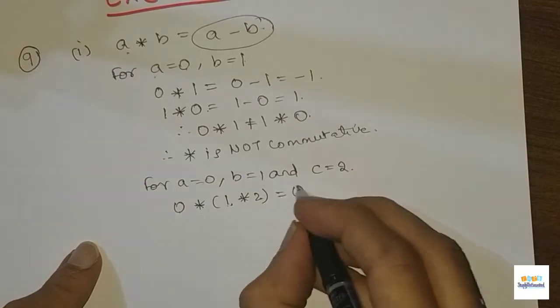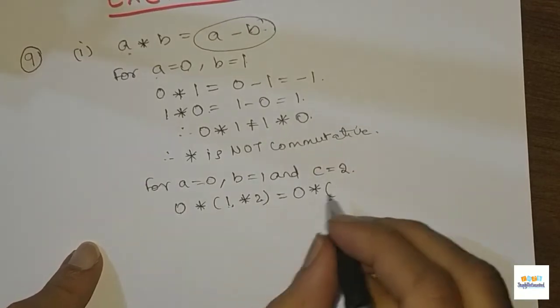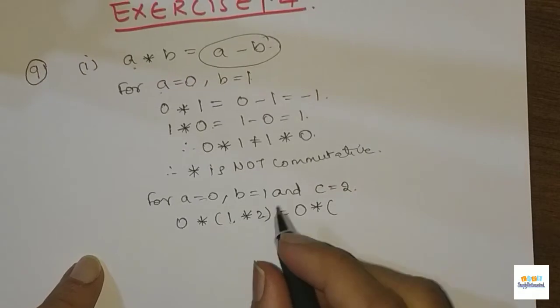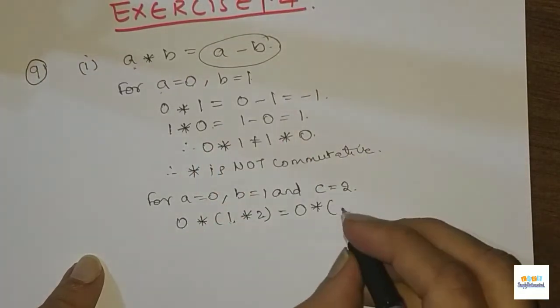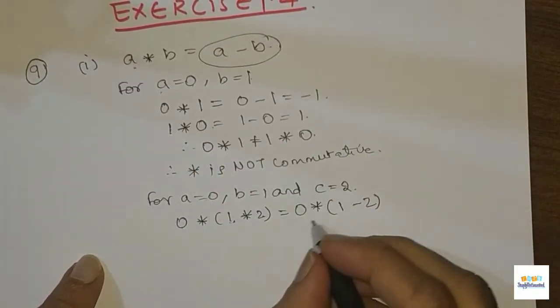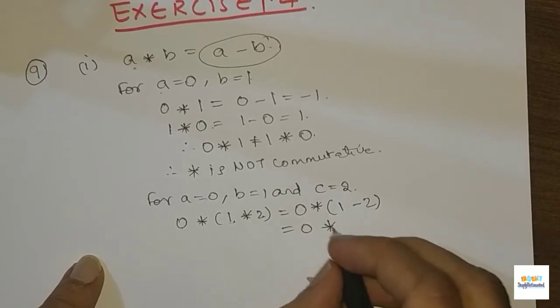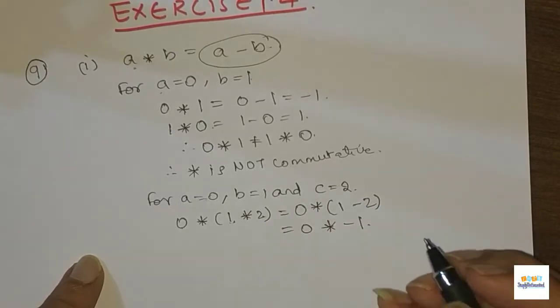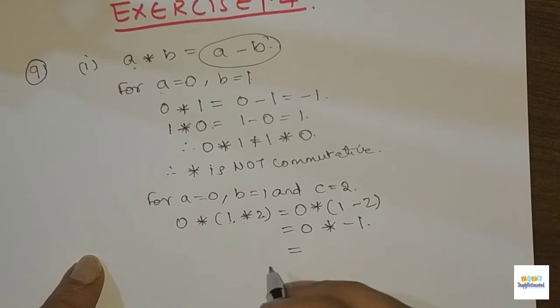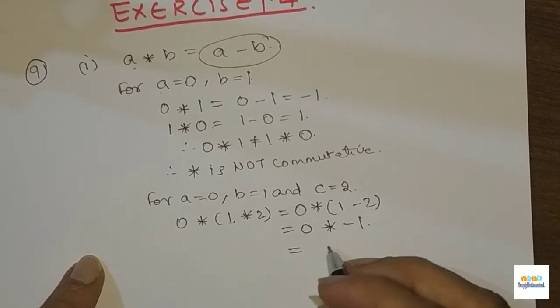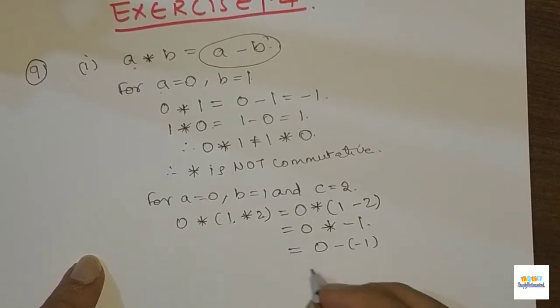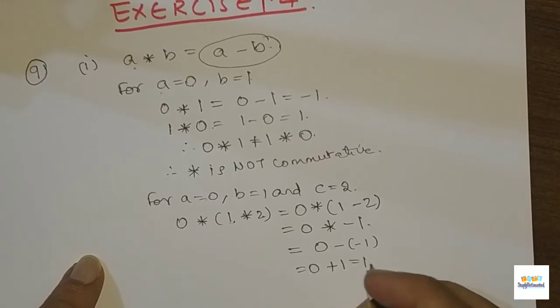So what will you get here? 0 star (1 star 2) will be what? 1 minus 2, right? So this is equal to 0 star minus 1. Now this is nothing but 0 minus of minus 1, that is 0 plus 1, which is 1, right?